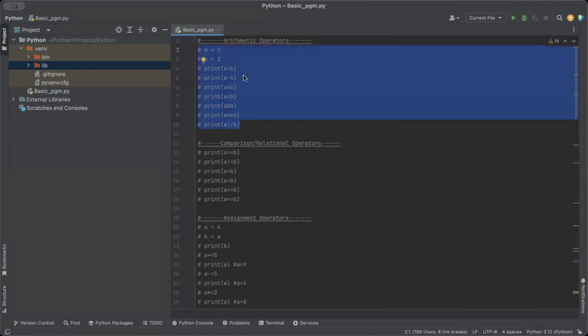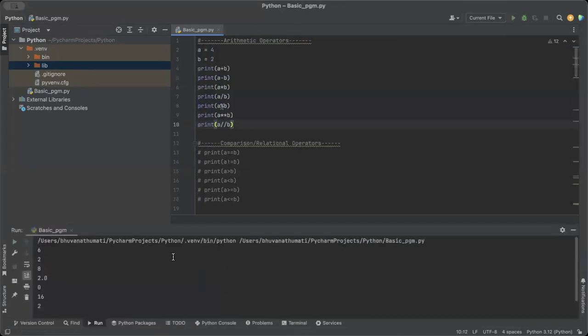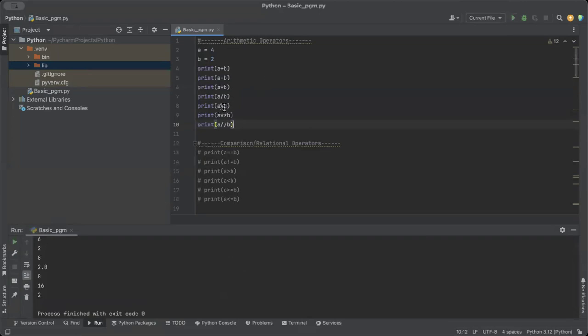I have considered here a equals to 4 and b equals to 2. We all know these basic operations. Let's run this. So 4 plus 2 is 6, subtraction, multiplication, division. Modulus is nothing but the remainder of a and b. So 4 divided by 2, the remainder is 0.